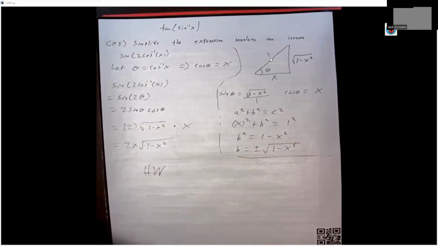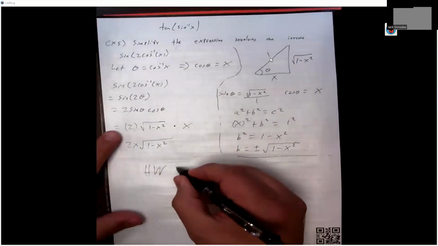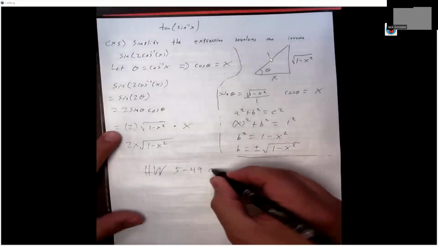Seven point. Homework is 5 through 49 odd.